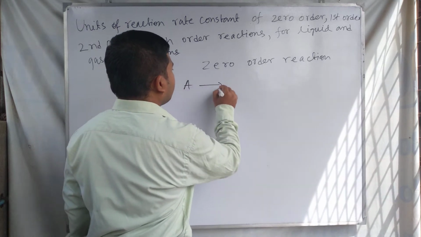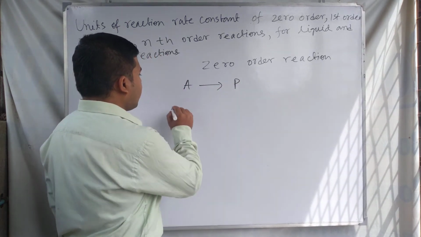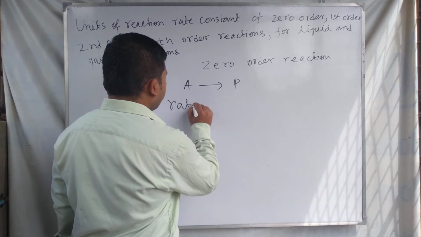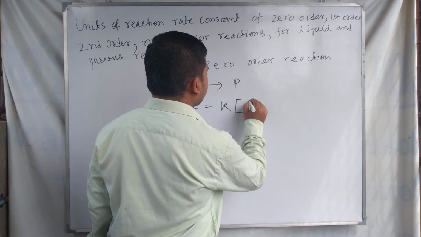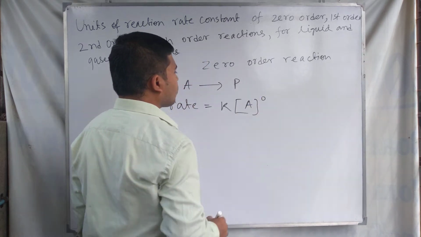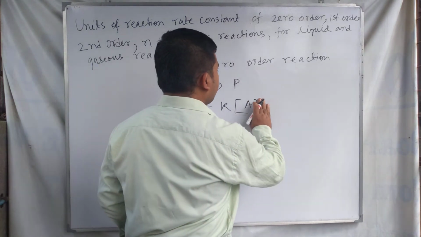Suppose a reaction A gives product, and in this reaction the rate equation is rate equal to K into A to the power 0.